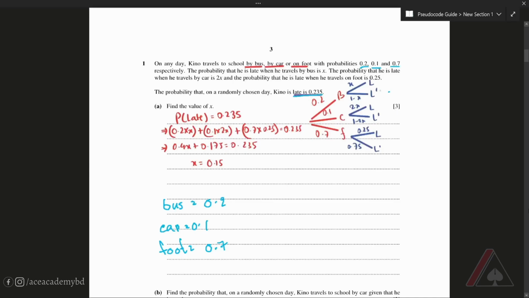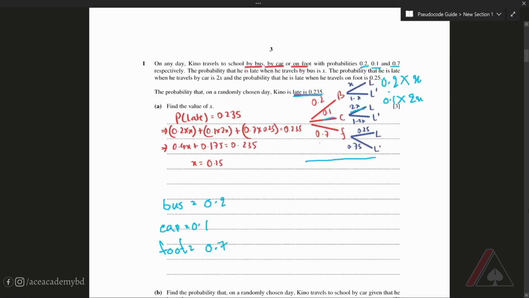0.235. So now if we draw a probability tree right here, we would see that the probability that he's late when he's going by bus is 0.2 into x. The probability that he's late when he travels by car is 0.1 into 2x.